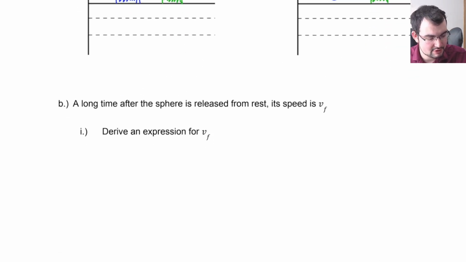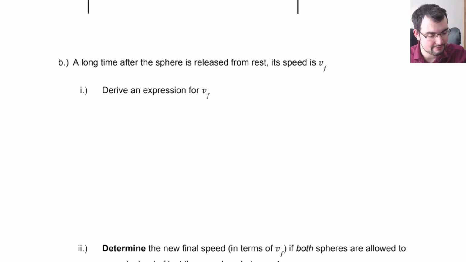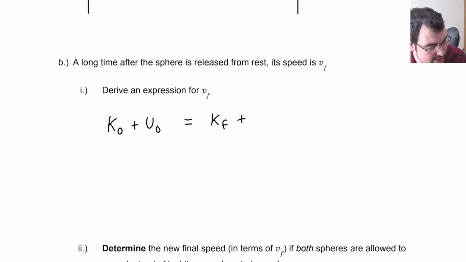A long time after the sphere is released, its velocity is Vf. Derive an expression for that. Anytime you have bar charts, I encourage you to use this form of energy conservation, because if you drew the bars, you at least have an idea of what the energies are in each state. Initially there was no kinetic energy, but the initial potential energy between the spheres will be kq squared over d, because it's two spheres of charge q.